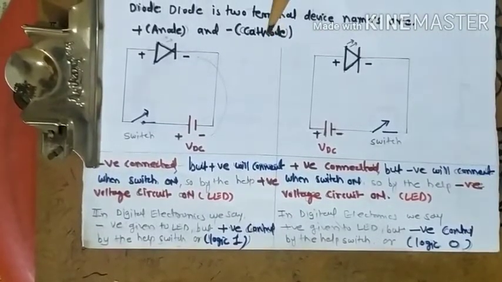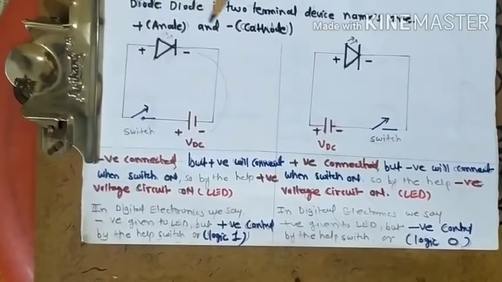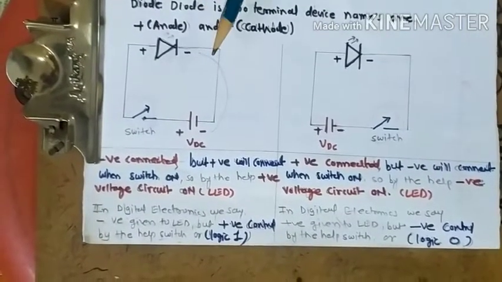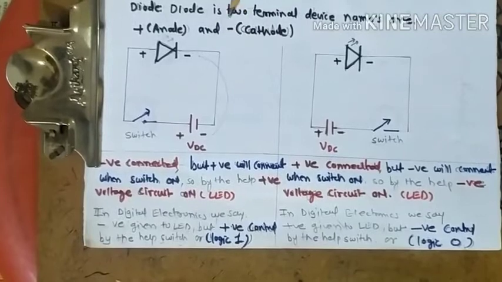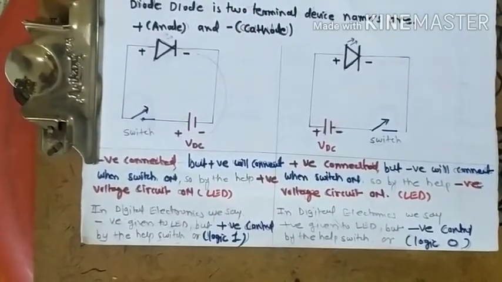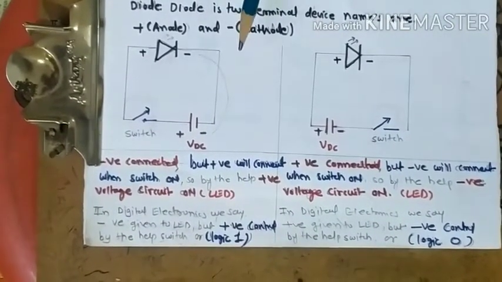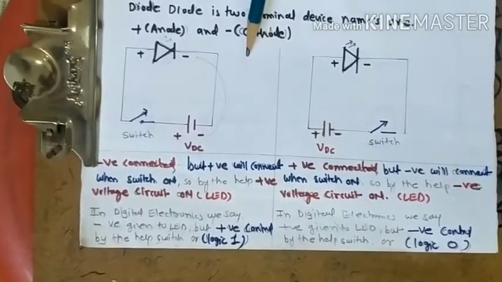In the same way, in our microcontroller, if we connect an LED with 8051 and by default give negative supply to it, then positive is given by the microcontroller. So the microcontroller produces logic 1 to turn this circuit on.